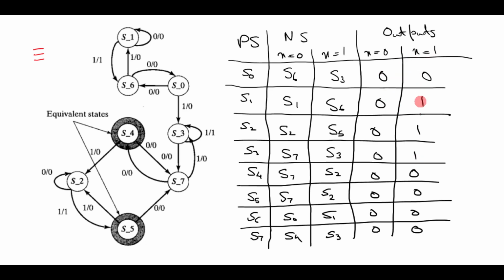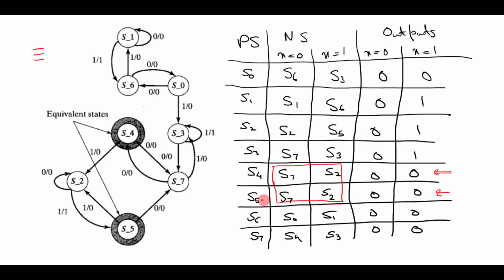When you have successfully identified the same outputs, you have to proceed in two steps. The first step is simple. The second step needs some extra work. So in the first step, you have to identify those rows which have the same entries. So here your outputs are the same and their next states are also the same.